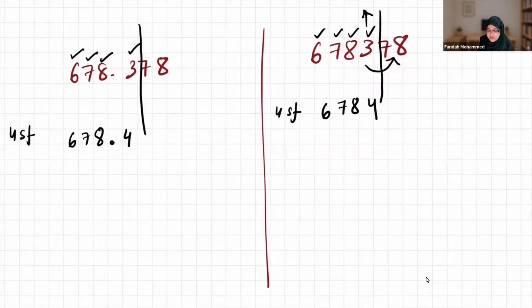Now, again, can you just ignore this? No, because this is before the decimal. These are value placeholders, so you have to put zeros on them. Do you guys see the difference?